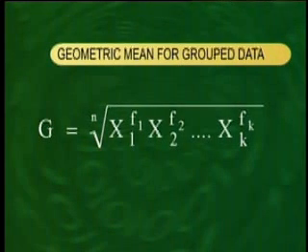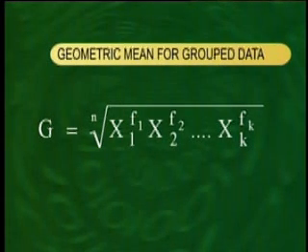Now let us see what will be the modified version of this formula in case of grouped data. As you now see on the screen, the formula in this case will be that g is equal to the nth root of x1 raised to f1 into x2 raised to f2 and so on up to xk raised to fk.